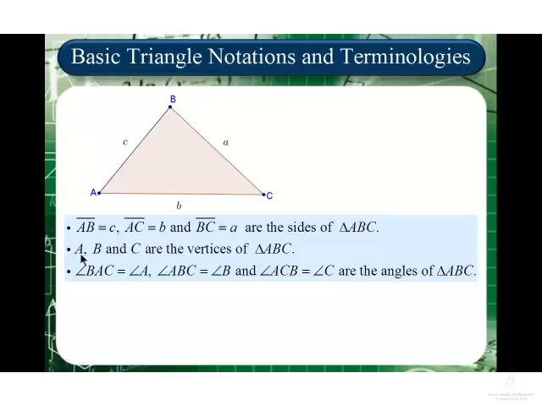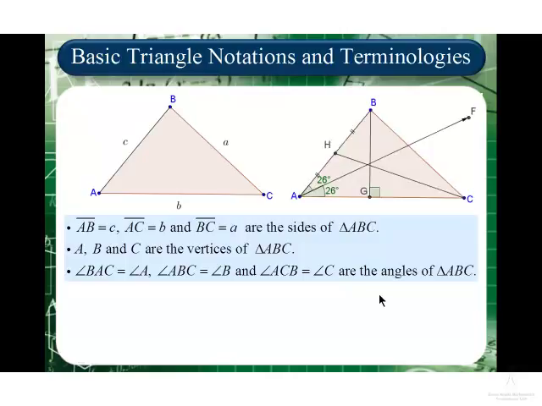Also, capital letters A, B and C are the vertices of triangle ABC, and the angle BAC can also be indicated by just referring to it as the angle A. Similarly, ABC can be denoted by angle B, and angle ACB can just be shown as angle C. These are the angles of this particular triangle.